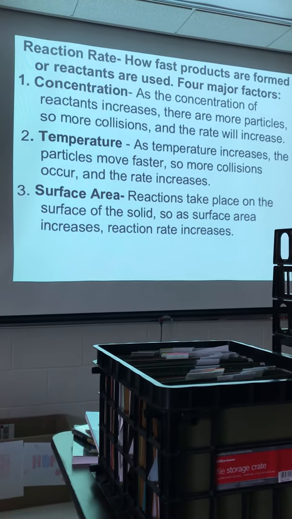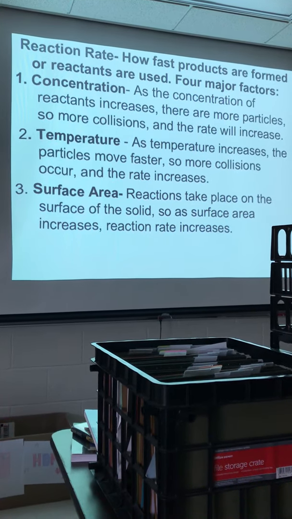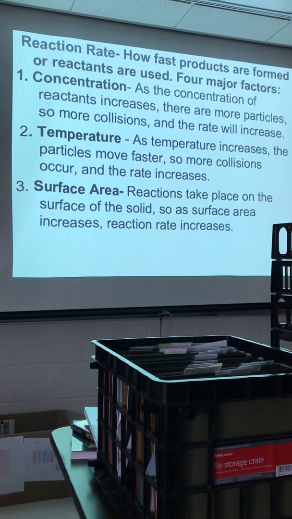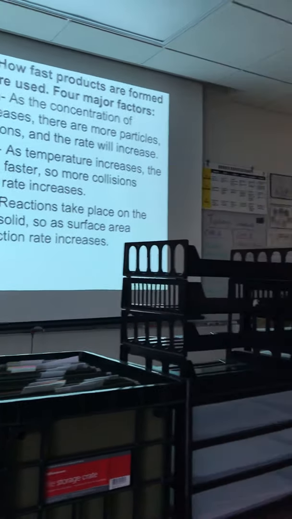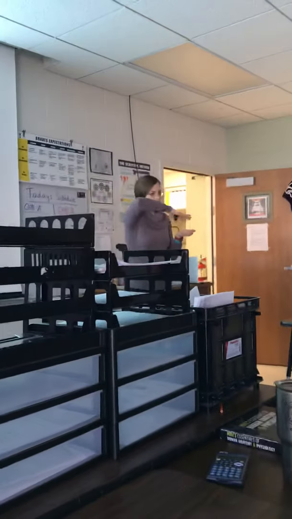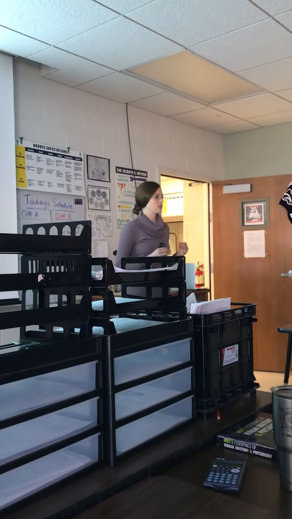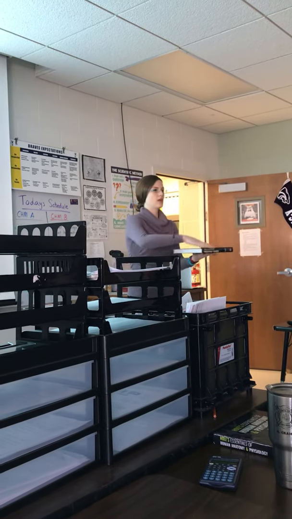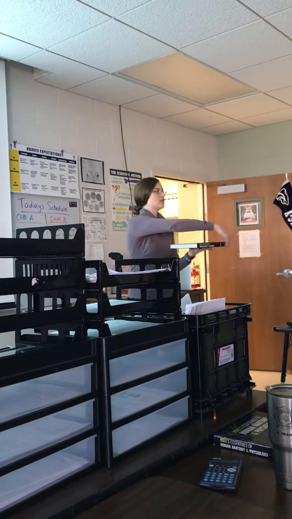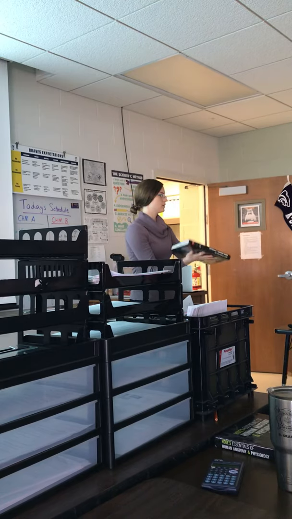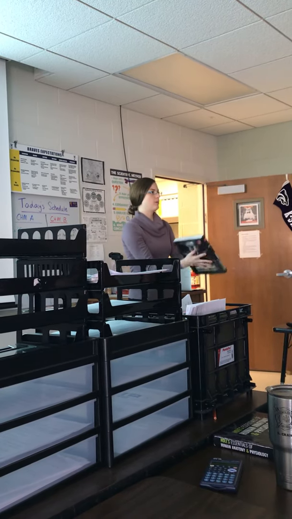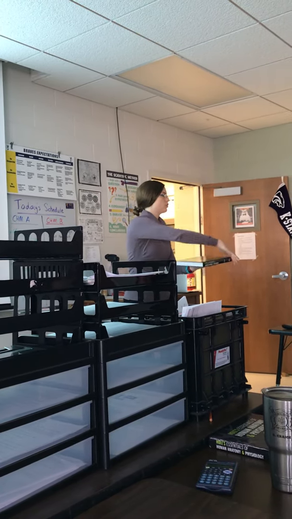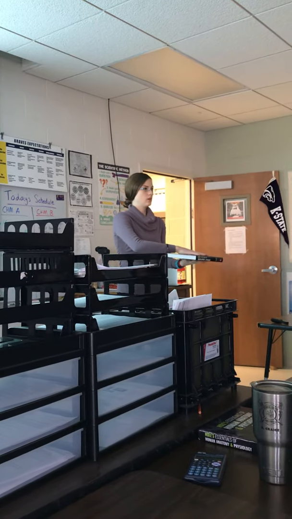So this is kind of a strange concept. Surface area refers to the surface of an object, right? This book has essentially 6 surfaces, right? One on the top, one on the bottom, and one on each of the 4 sides. Okay?